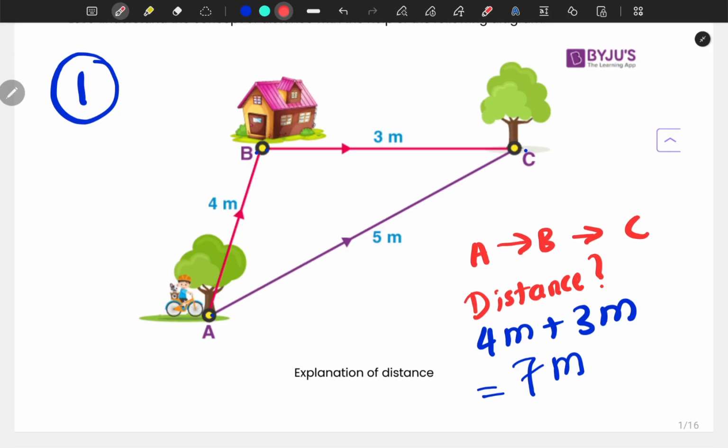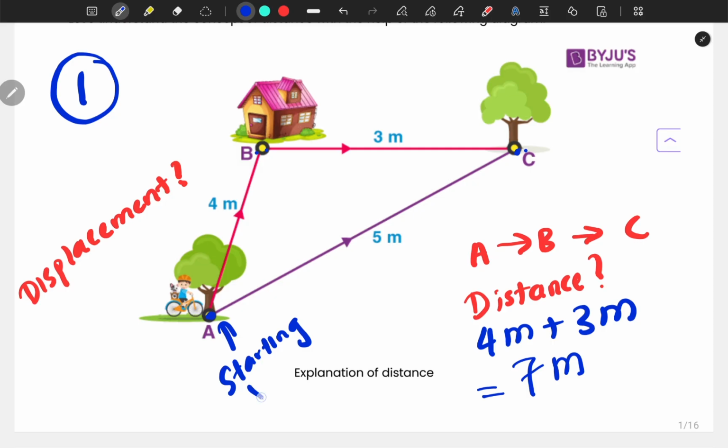But if I ask what is the displacement of this boy, now think quickly. But maybe it's already marked. So how to find the displacement? Pause the video, think. So from A to C, so A is the starting point, right?